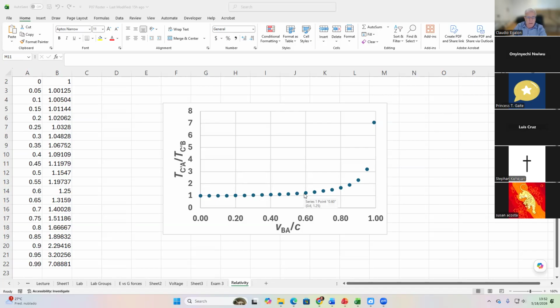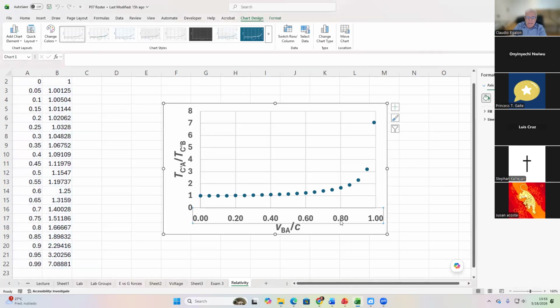For most of this graph, the effect is very small. We don't feel much of a relativistic effect all the way up to, let's say, 60% of the speed of light. The effect starts to become more measurable at higher speeds, 80% the speed of light.